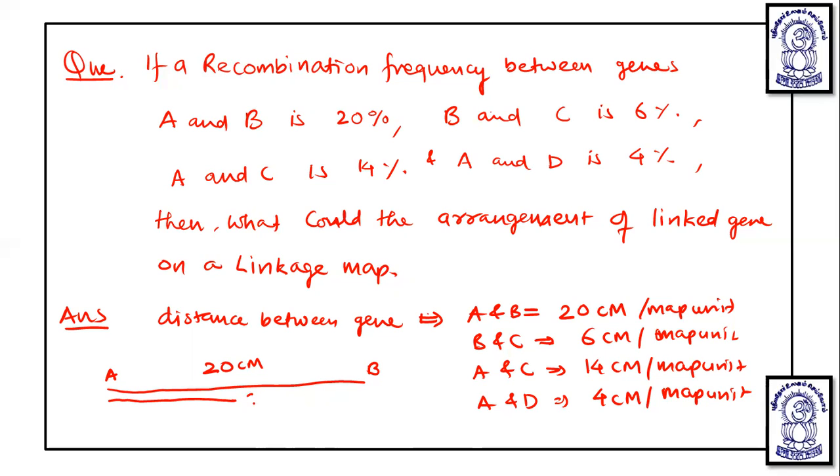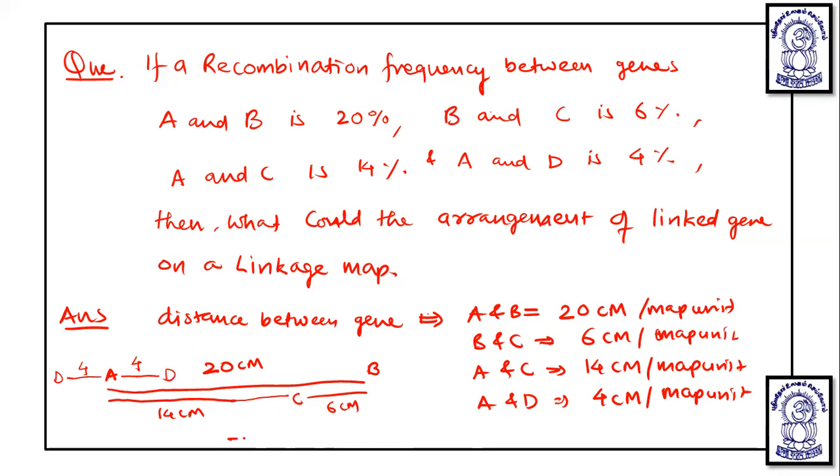So between A and C, it is 14 centimorgan or map unit, and between C and B, you will see the 6 centimorgan. So it is going to be 20 total. Now between A and D, it is going to be 4 centimorgan this side, or between A and D, it can be 4 centimorgan this side.